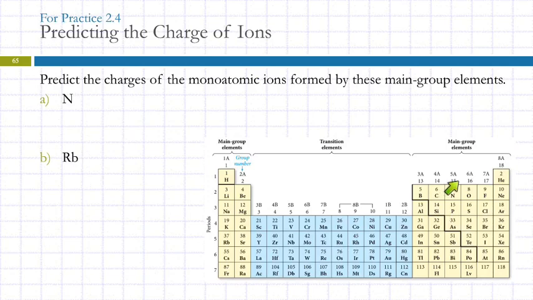It's going to be a negative ion. So we start over here to the right and we count backwards. This is 0, -1, -2, -3. So that would have a -3 charge. So we could write its symbol N3 minus. Or we could say it has a -3 charge.